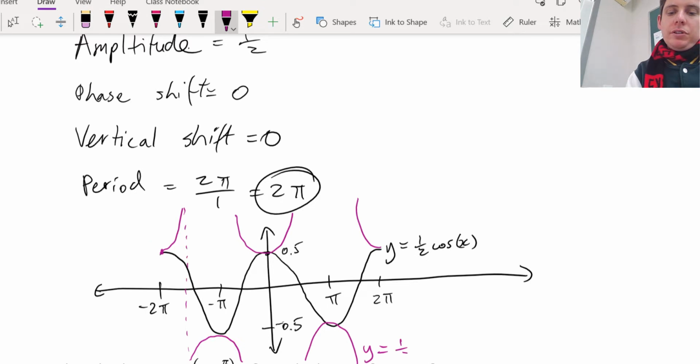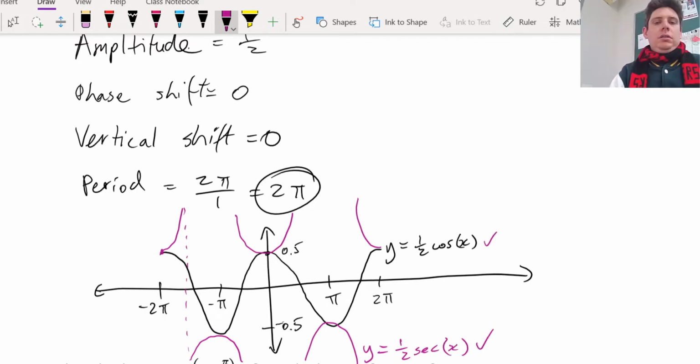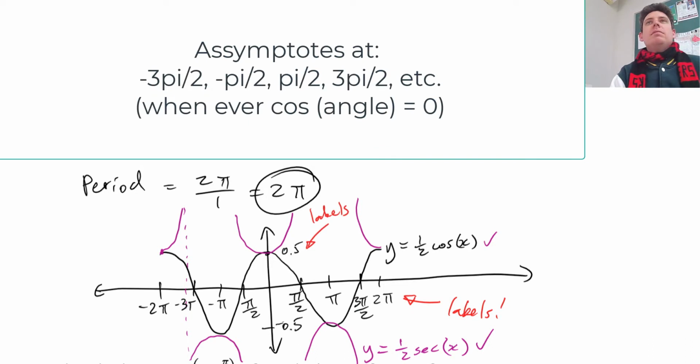Label the original, so you don't forget labels. So does it have no x-intercept? But as long as you label each one. Do we have to sketch the original graph, or can we just do a dotted line?